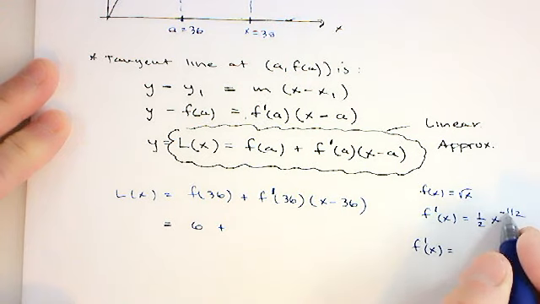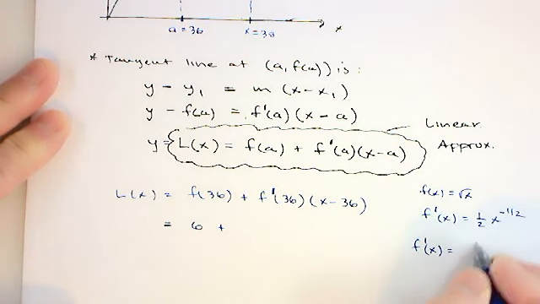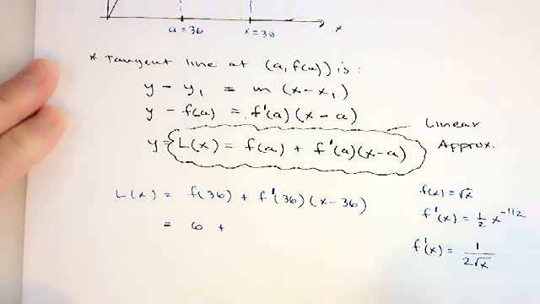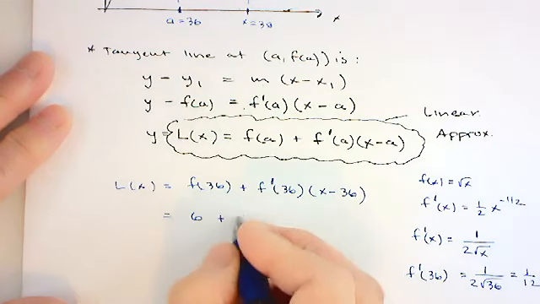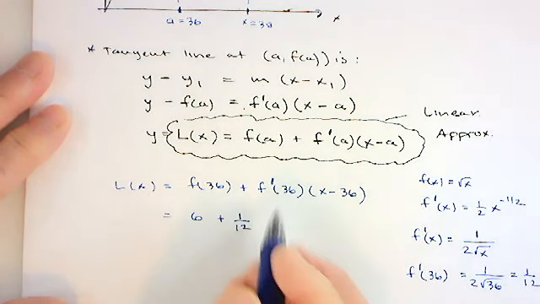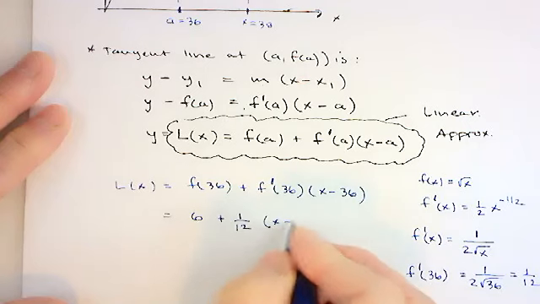X to the negative 1/2, since it's to a negative power, can come down underneath in the denominator. And so I can think of this as 1/2, and once I bring it down, it's x to the 1/2, which is root x. So then I can see that f prime of 36 is going to be 1/2 square root of 36, which is 1/2 times 6, 1/12, times x minus 36.